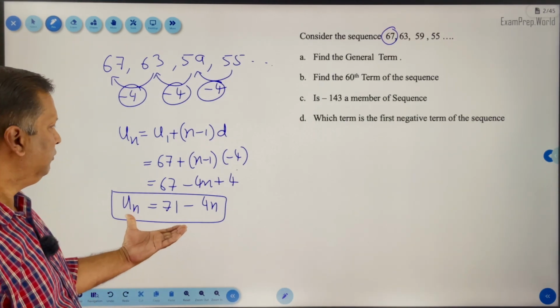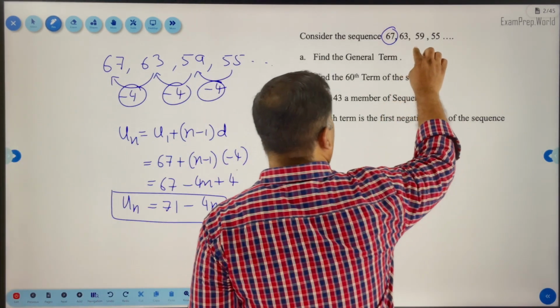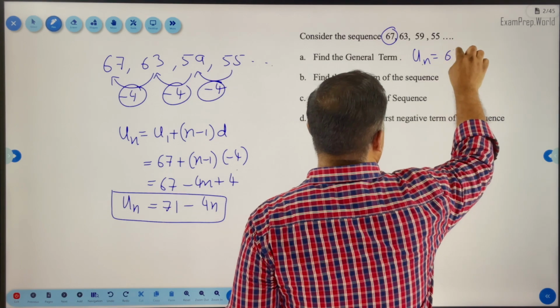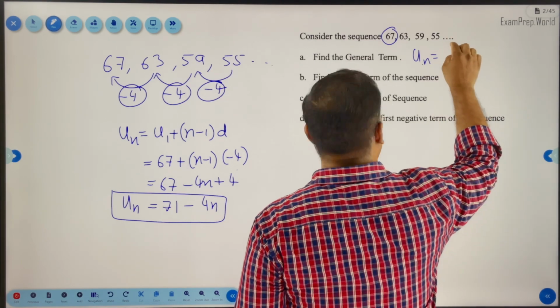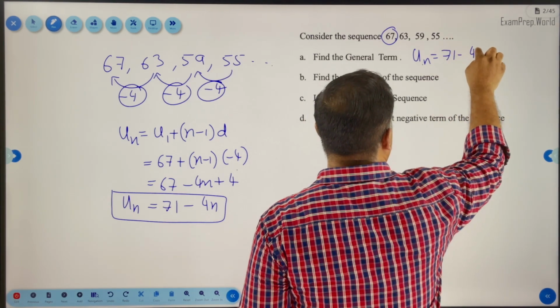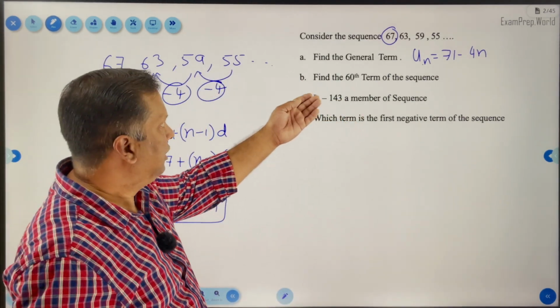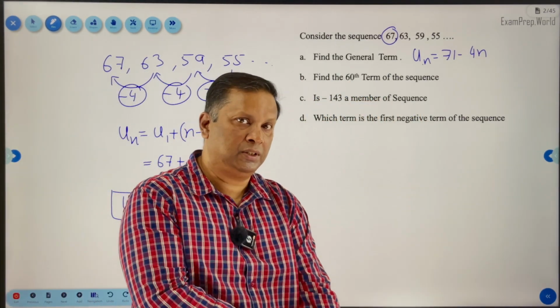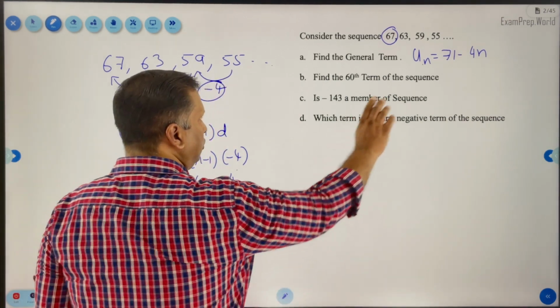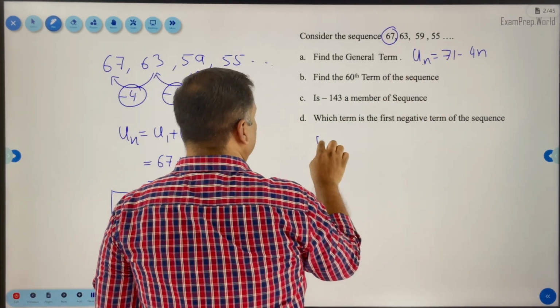Now once you have the general term, let's write it here. Un is equal to 71 minus 4n. Now it's very easy to do the remaining questions. He is asking for the 60th term of the sequence. So to find the 60th term, you put n equals 60 here.